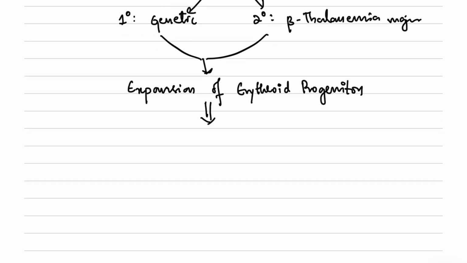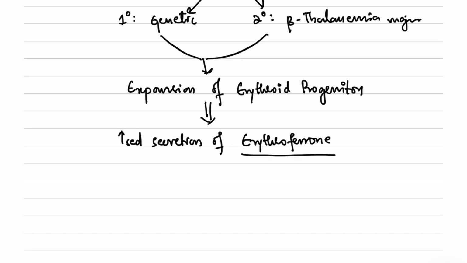This leads to increased secretion of erythroferrone, and this increased secretion of erythroferrone has direct inhibitory effect on hepatic hepcidin synthesis.